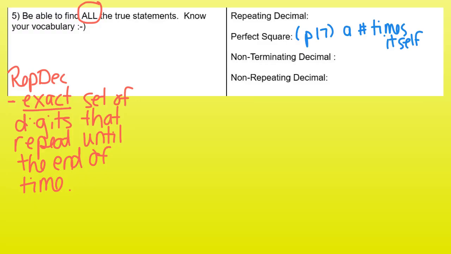A non-terminating decimal does not end. And a non-repeating decimal does not repeat. So there's not an exact set of digits that are repeating. So on this one, the key is to find all the true statements.